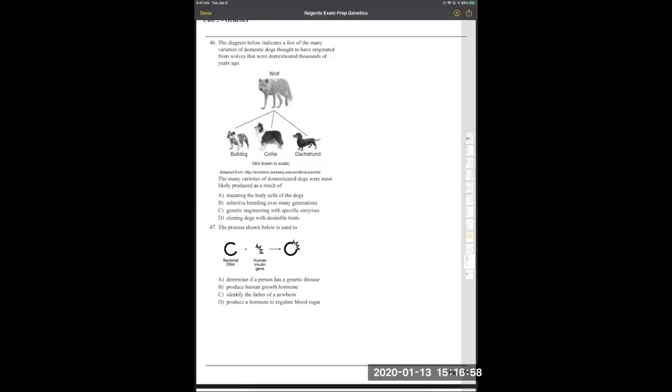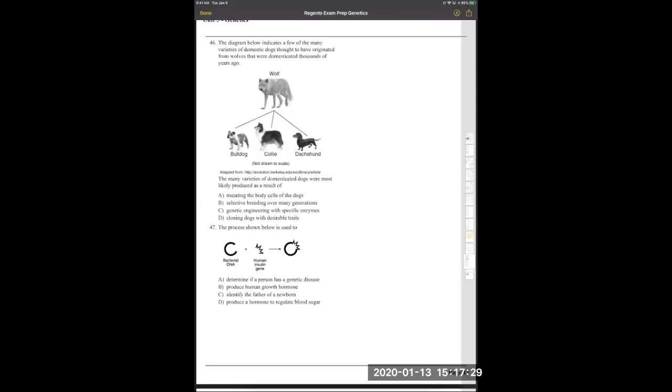A, mutating the body cells of the dogs. Well, mutating could mean a lot of things. Obviously altering DNA. Selective breeding over many generations. Now that's perfect, because that's what humans actually did and are doing, and will be doing for a long time.